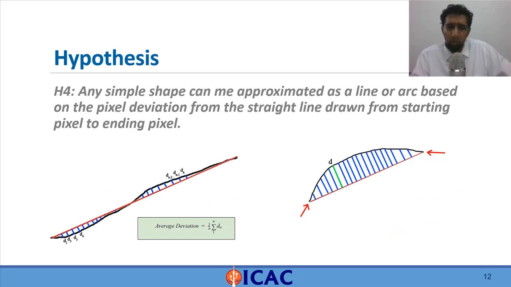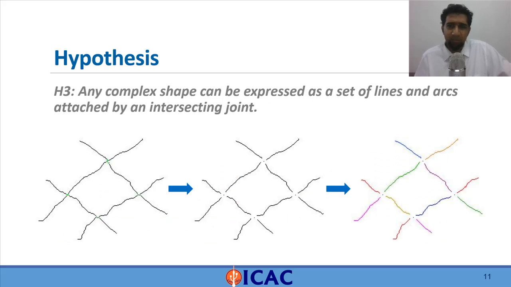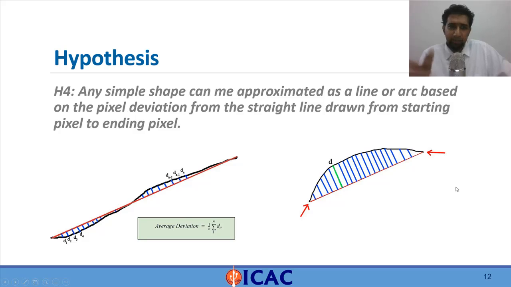Hypothesis 4 is that whatever simple shapes we come up with, you can further approximate them as lines and arcs. I'm coming back to this later.